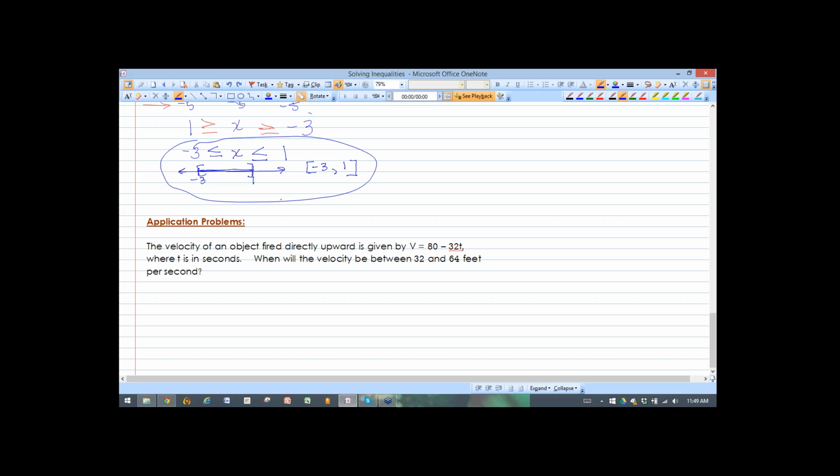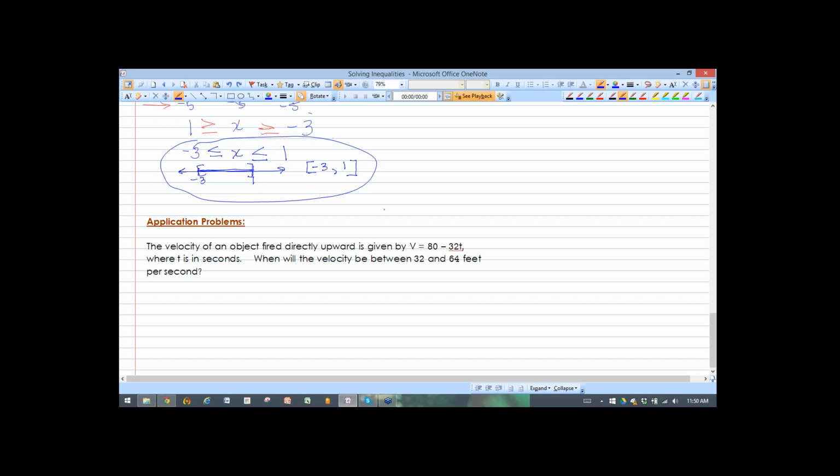So the velocity of an object fired directly upward is given by velocity is 80 minus 32t, where t is in seconds. When will the velocity be between 32 and 64 feet per second? So, okay, we have a representation, a formula, or you say an equation for velocity. So that's good. Okay, so let's read the question part.